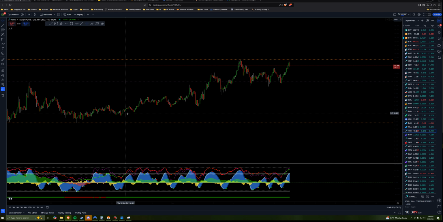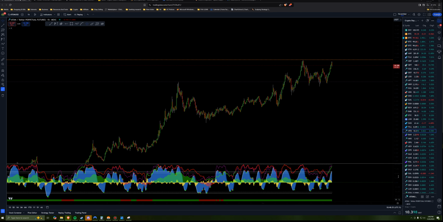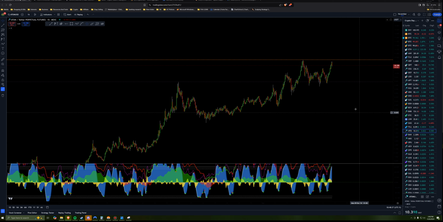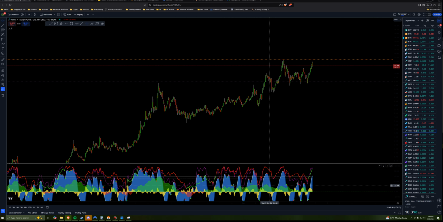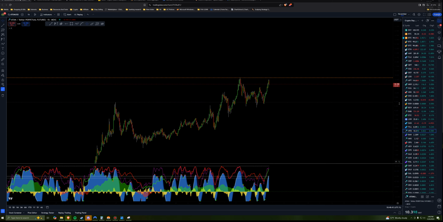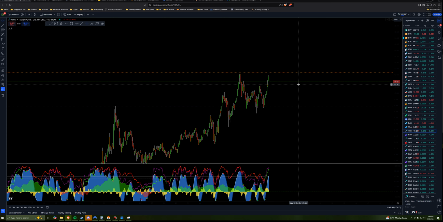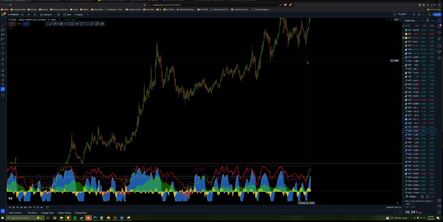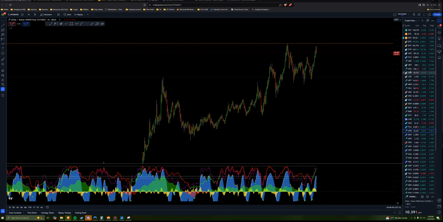It's pretty awesome. Fantastic. See, hourly though, that doesn't look too good. So we could start getting a rollover. Fantastic time to take profits on this.